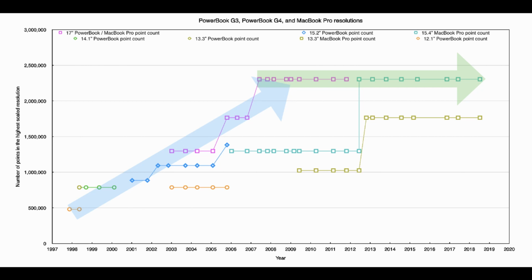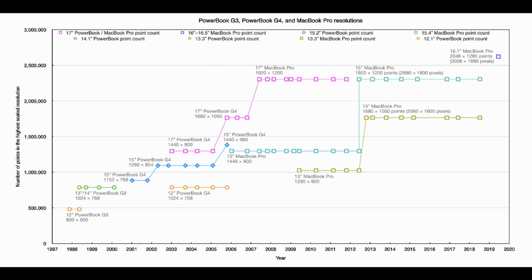About halfway through, around 2012, 2013, we saw the introduction of the Retina MacBook Pros, which also brought the end of the 17-inch MacBook Pro. So we got the same usable space, equivalent to a 1920 by 1200 display, but on a denser, smaller 15-inch screen.